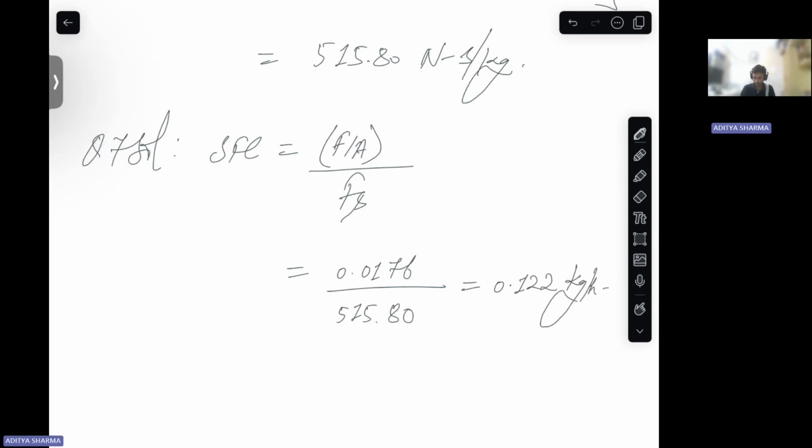To calculate this, this has been converted. If you see this here, the question asks not in second but in hour, right? Per hour Newton. This has been converted into per hour Newton, right? By multiplying with 3600.